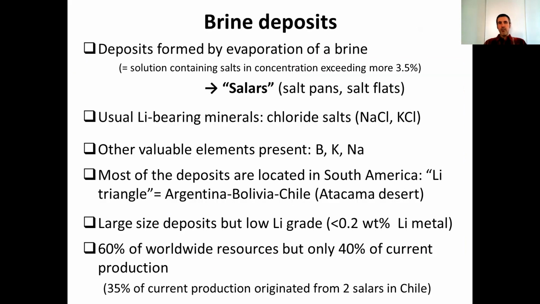The brine deposits are formed by evaporation of brine. Brine is a solution containing salts in concentration exceeding 3.5%. Brine deposits are what you have seen in the previous slides. It's salars, salt pans, salt flats.